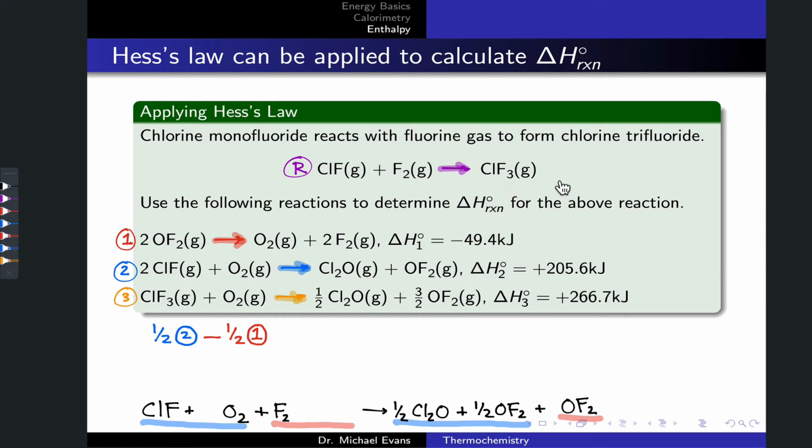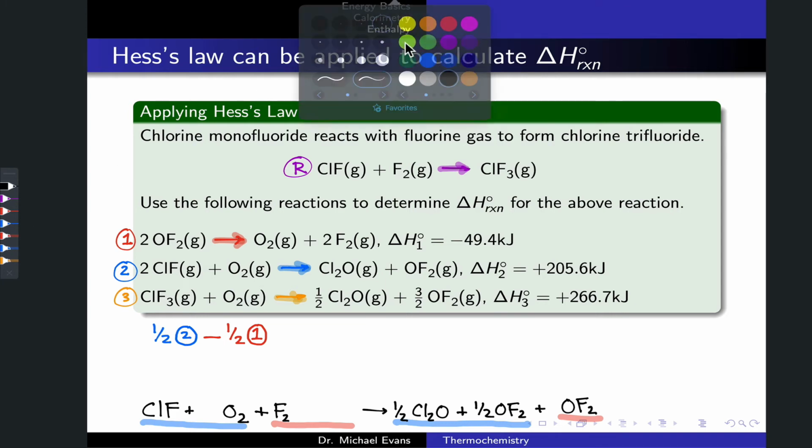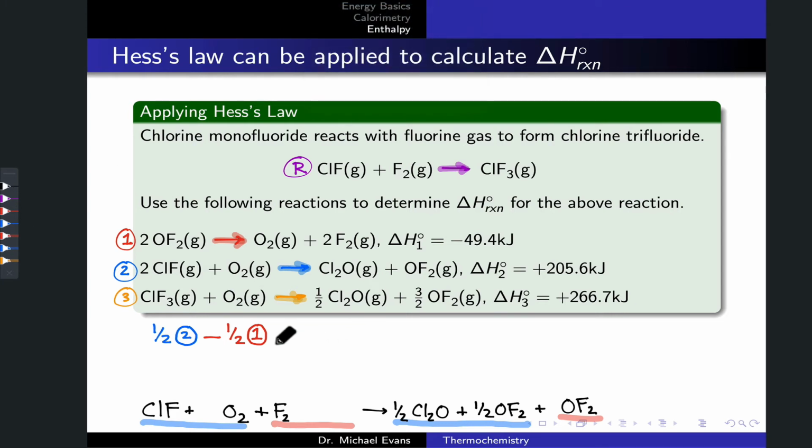Noticing that ClF3 is missing, and I've got ClF3 on the reactant side of reaction 3. I want it on the product side in my target reaction, so I'm going to need to take reaction 3 and reverse it in order to make progress. So we can think about subtracting reaction 3 or adding the negative of reaction 3 in order to proceed and get ClF on the side of the equation where we need it.